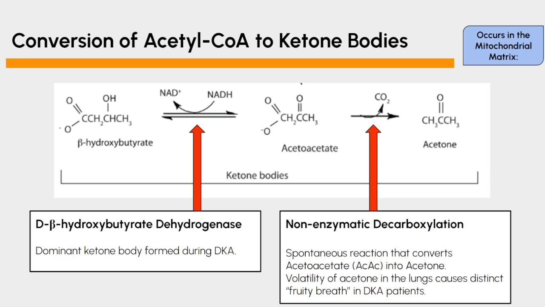The dominant ketone body formed in DKA is beta-hydroxybutyrate. Acetoacetate is also formed in DKA, and it undergoes a spontaneous reaction converting it into acetone. Acetone is volatile while in the lungs and causes patients suffering from DKA to have fruity breath.